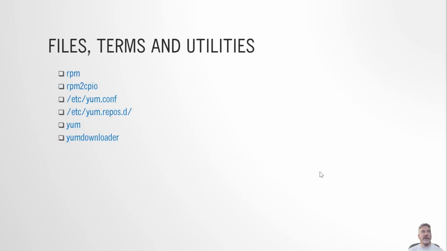So in this section, we talked about the RPM commands and some of the yum commands. We looked at the repository directory. We could look also at the configuration file for yum.